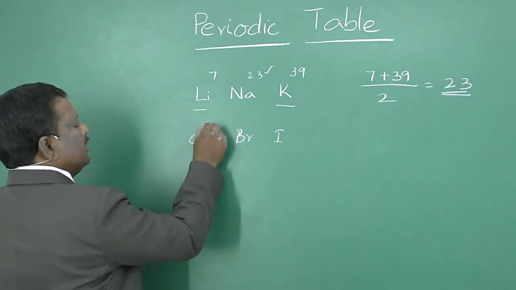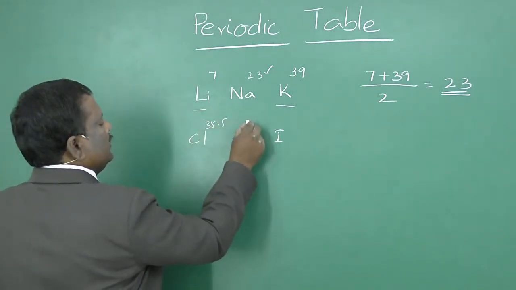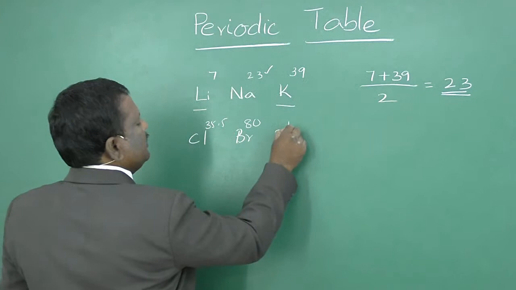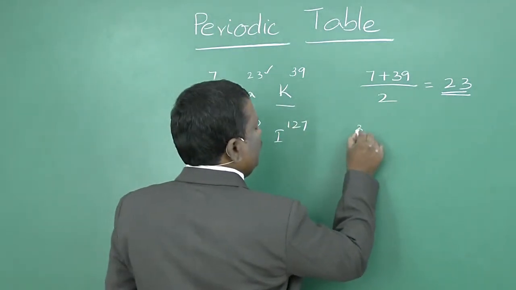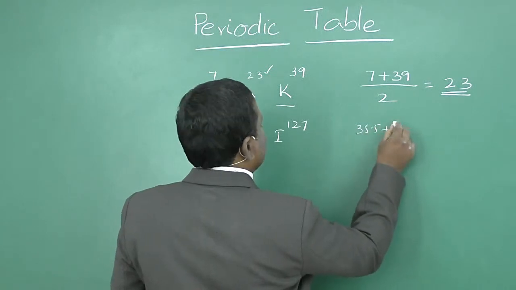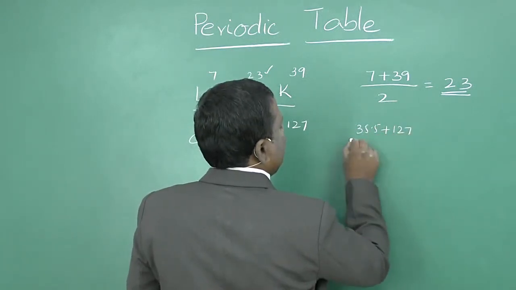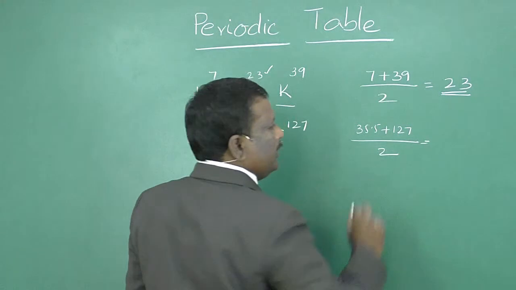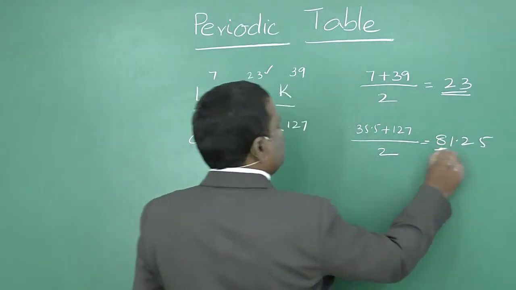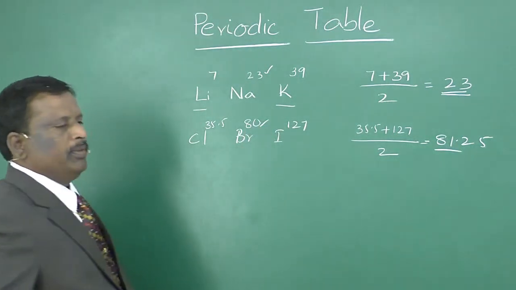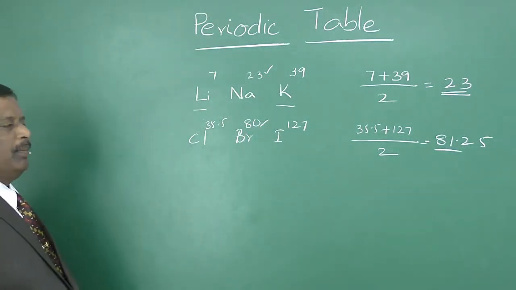In chlorine it is 35.5, this is nearly 80 and this is 127. So the arithmetic mean, 35.5 plus 127 by 2, will be approximately equal to 81.25, which is nearer to the atomic mass of the middle element.